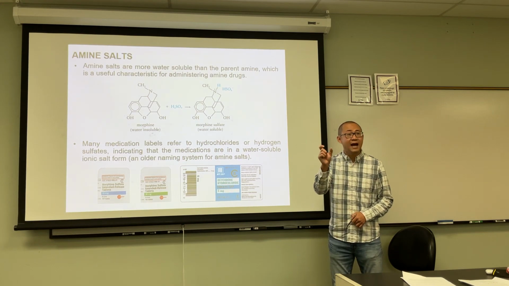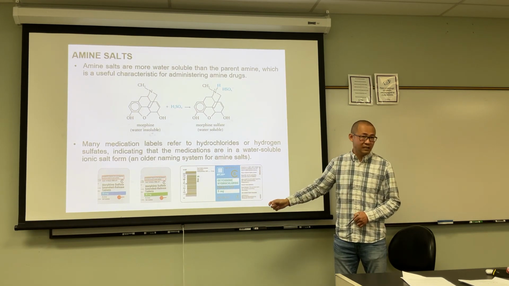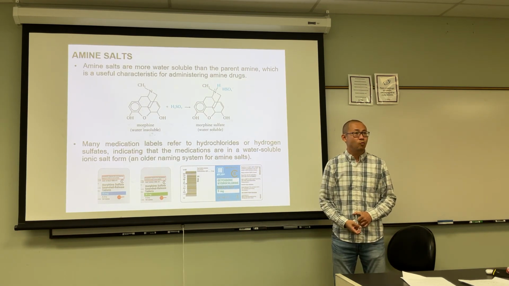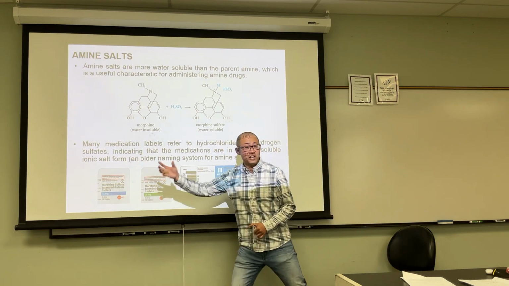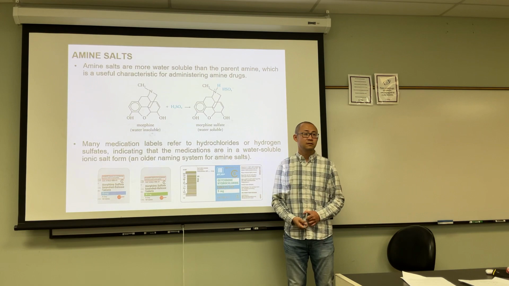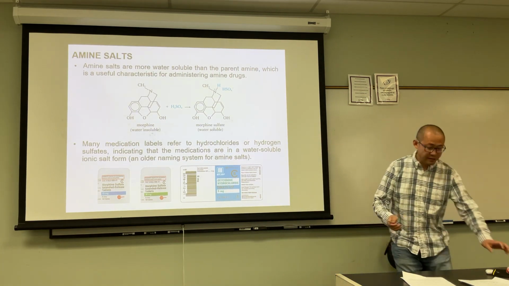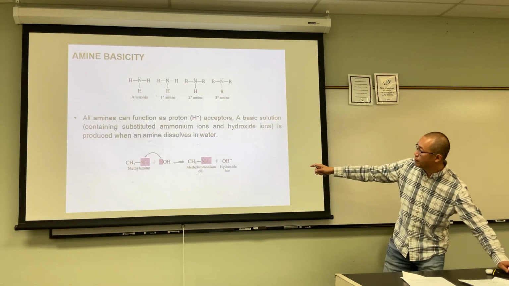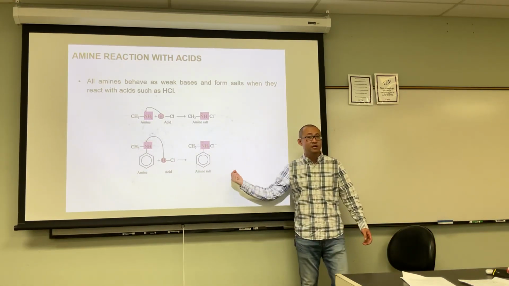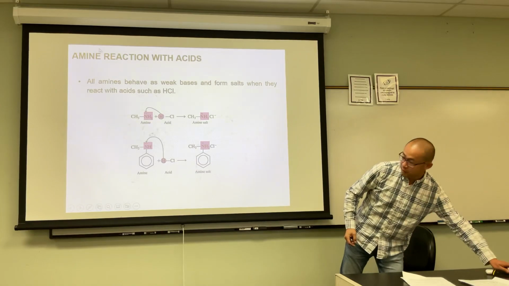If you see that, most likely they are ammonium salts. Why do they have a hydrochloride or sulfate there? Because they treat those with an acid. What is hydrochloride? This one is hydrochloride. When you treat with an acid, this one becomes hydrochloride. The same idea for oxycodone.